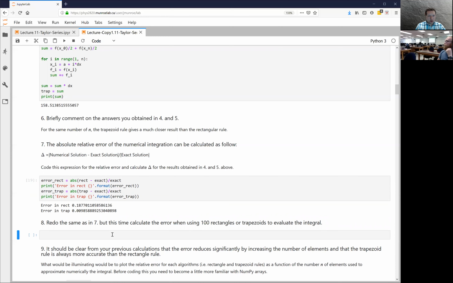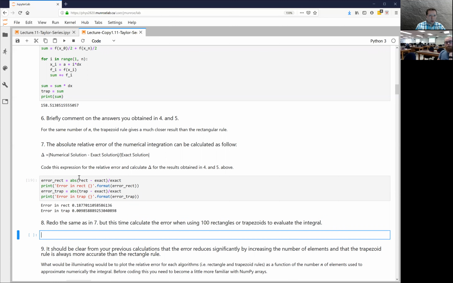Let's kick it up a notch. Let's do this again, except let's calculate when we've got 100 rectangles or 100 trapezoids. Well, as soon as doing it again becomes a thing, rather than going back and copying and pasting this code, it makes sense to start building some functions.